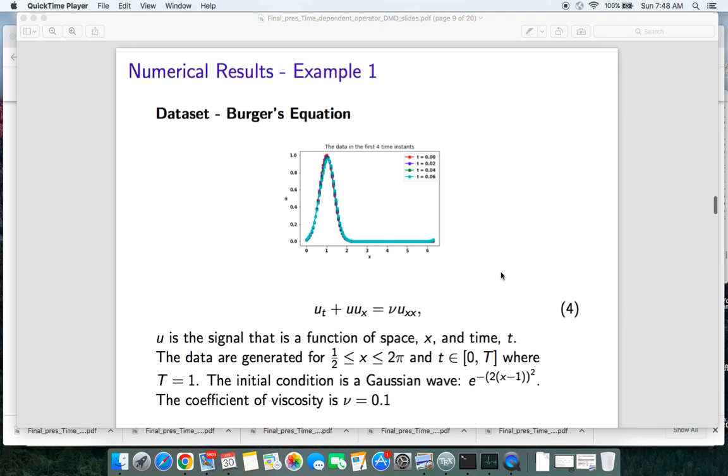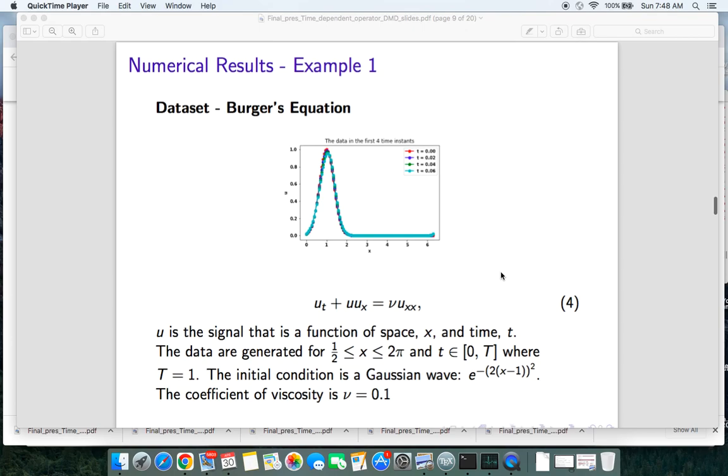So this is the dataset for example 1, and now we will test the standard DMD and other variants of DMD on this data set in example 1.